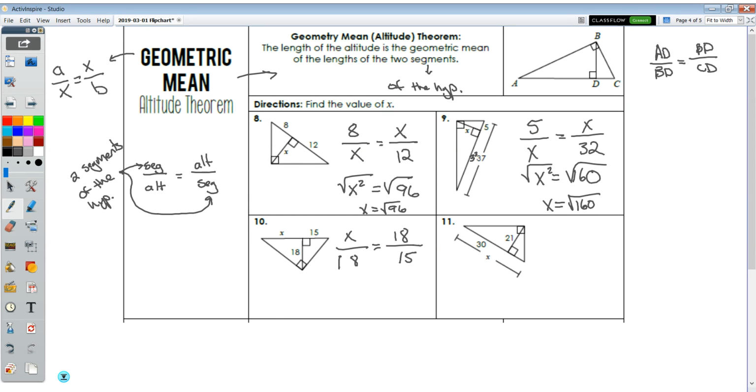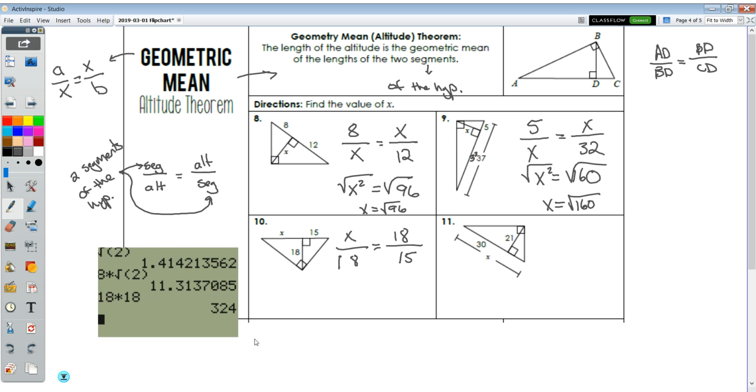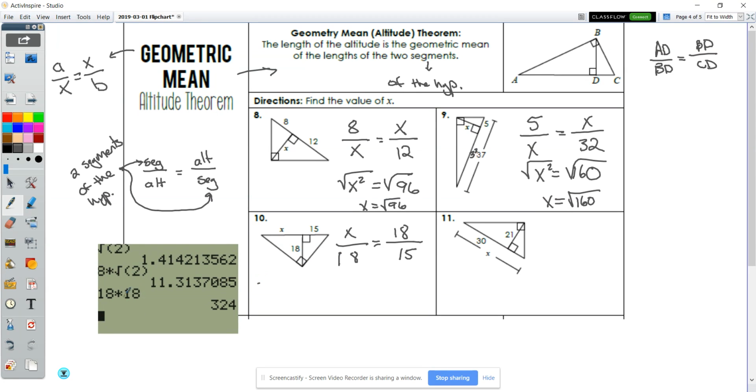I know you can't see it, but I do have a calculator here. 18 times 18, or 18 squared, is 324. And so here we have 18 times 18, 324, equals x times 15, which is 15x.